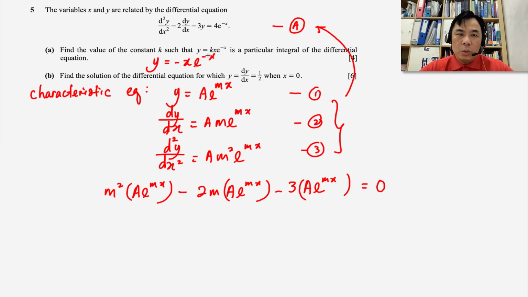Most of the time when you substitute, it's supposed to be equal to 4e^(-x), but because we are working out the complementary function, we only consider the homogeneous equation.